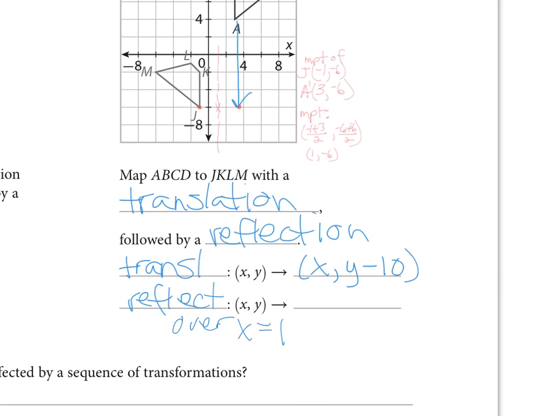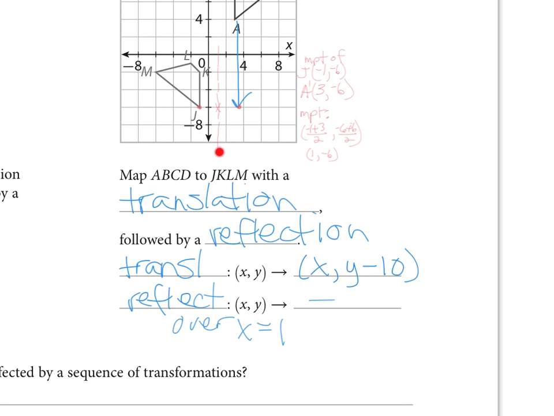If you write the equation of the line that you are reflecting over, if it's not an axis, then it becomes a little tricky to write the coordinate notation for it. So just know that this is sufficient, writing the equation of the line that it's reflected over.